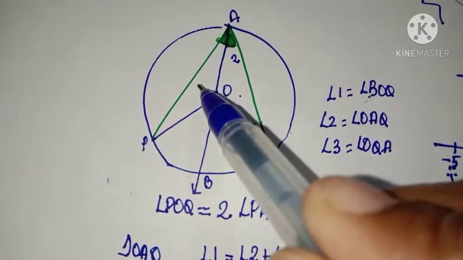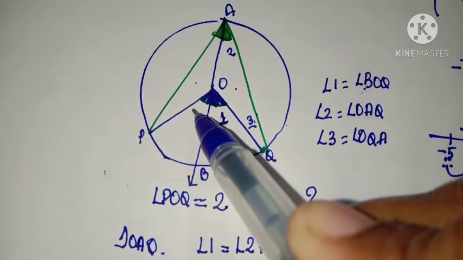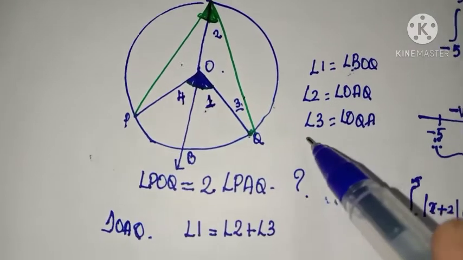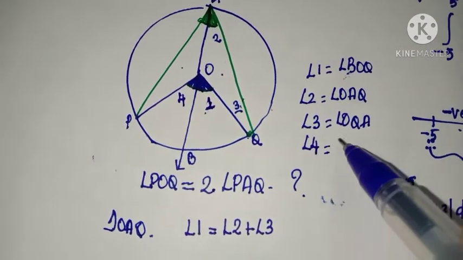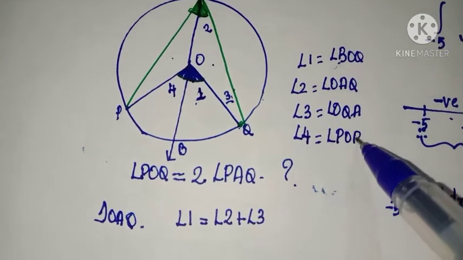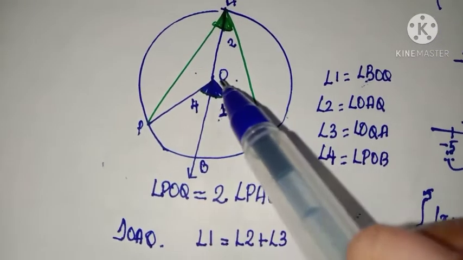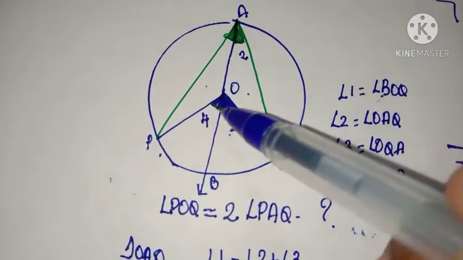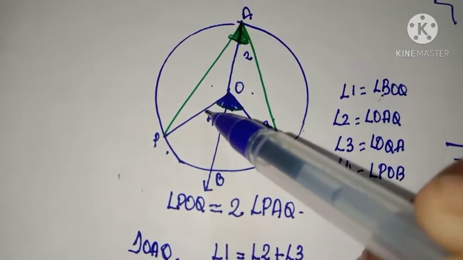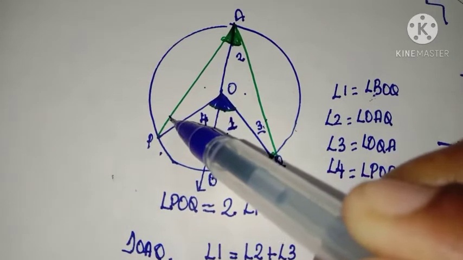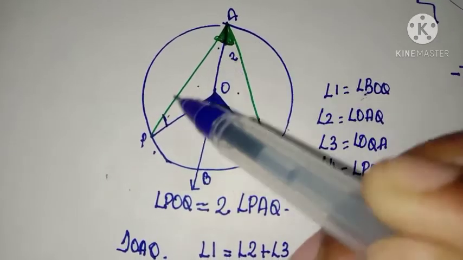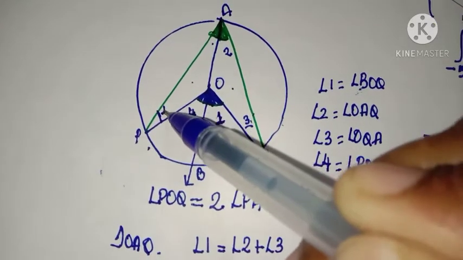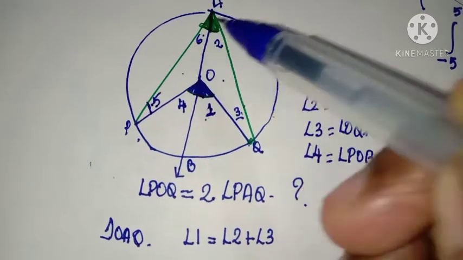Similarly, consider this triangle. Angle 4, that is angle POB, is the exterior angle of this triangle OAP, isn't it? So again by the exterior angle theorem, the exterior angle is the sum of these two angles. Let us take this angle as 5 and this as 6.